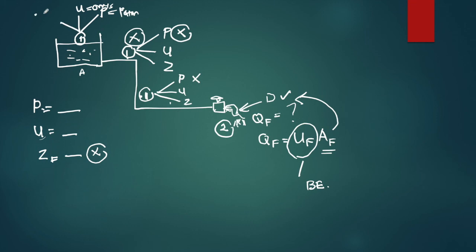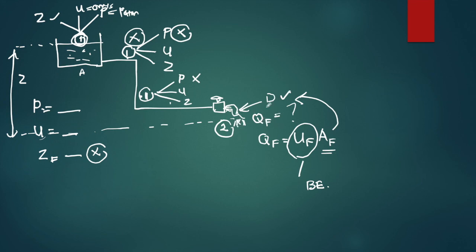And then Z can be found from the question. Z is normally from the outlet of this faucet up to this water surface. So choose point number 1 at the water surface of the tank. Then point number 2 is at the faucet.